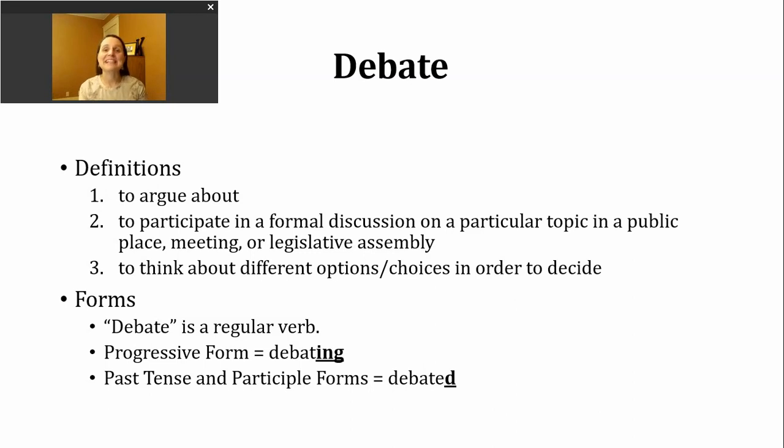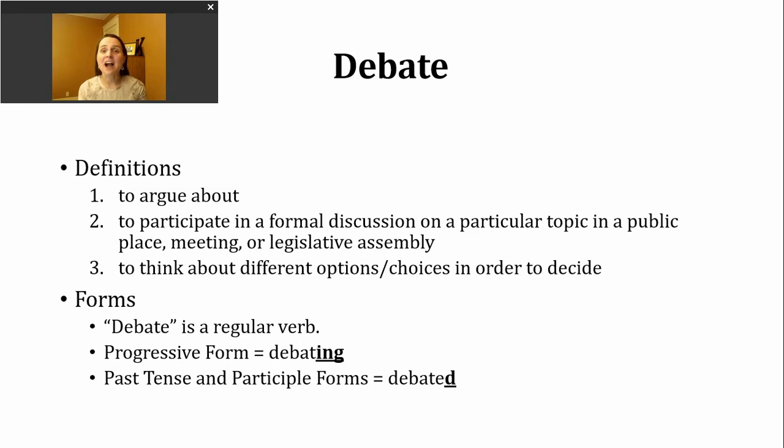A second way to use this verb debate is to participate in a formal discussion on a particular topic in a public place, meeting, or legislative assembly. One reason I selected this verb debate is because we're about 6 weeks away from the general election in the United States, and I think you're going to start hearing this verb more often.